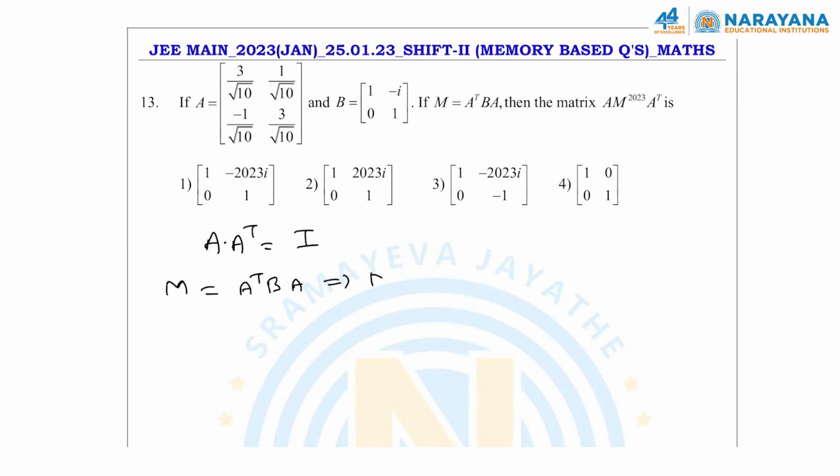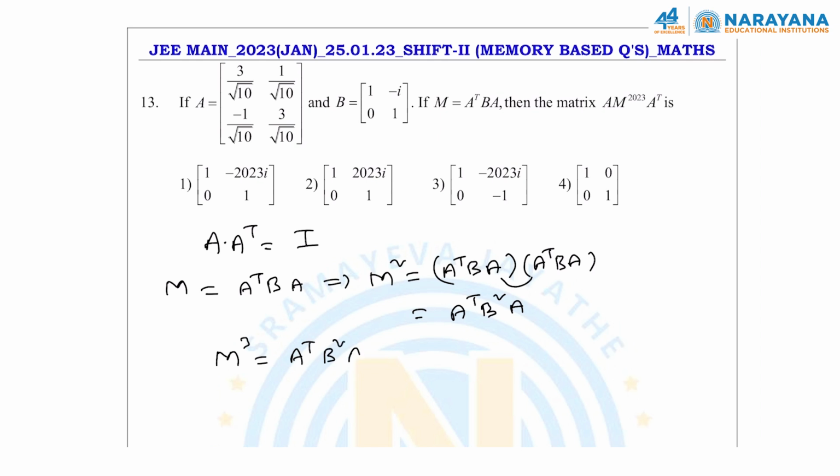So this implies M square is nothing but M into M. So A transpose B A into A transpose B A. So this will be A transpose B, this A into A transpose is I, so B square A. Similarly, if you calculate M cube, it will be A transpose B square A into A transpose B A. This is M square, this is M. Now again you will get A transpose B cube A, because A into A transpose is I, B square into B gives B cube.